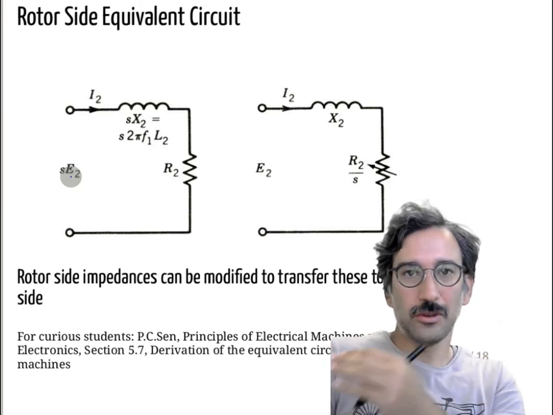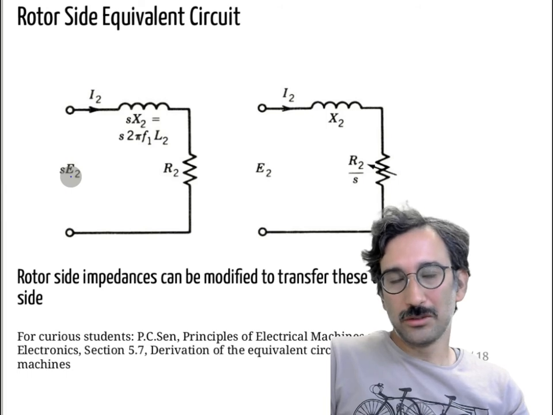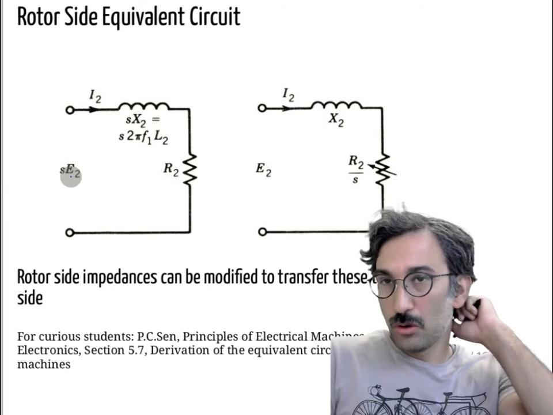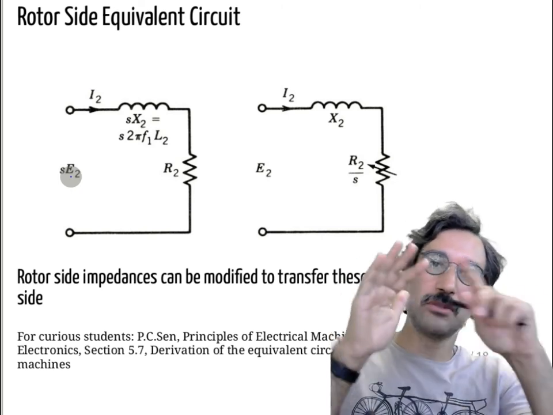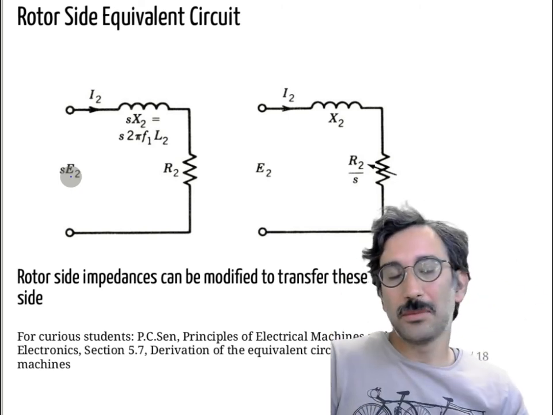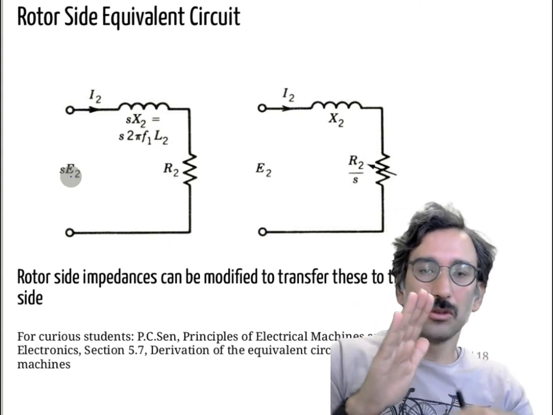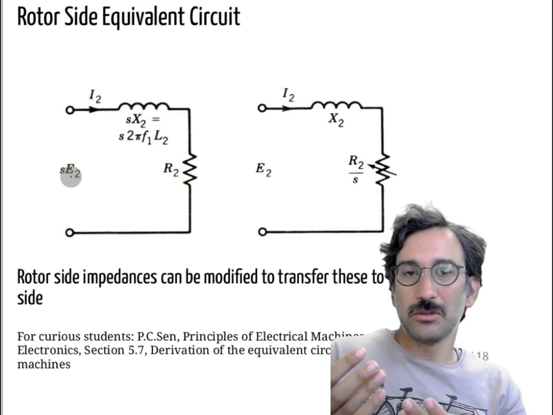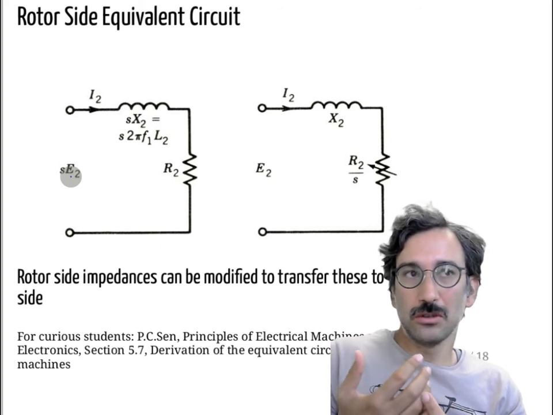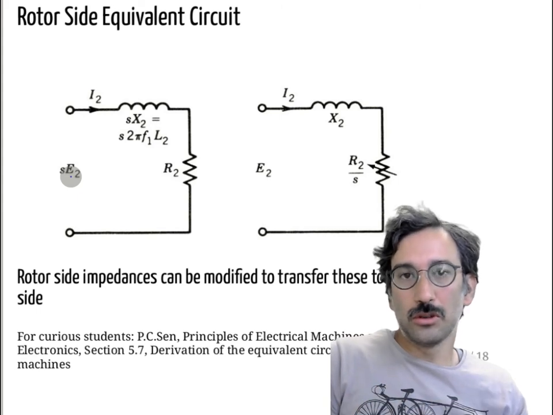Or, if you rotate the rotor at the synchronous speed, as you have seen in the previous video, from the rotor's perspective it will just see a constant MMF, so there will be no induced voltages, so you will not have any currents induced in the rotor if the rotor is rotating at synchronous speed.